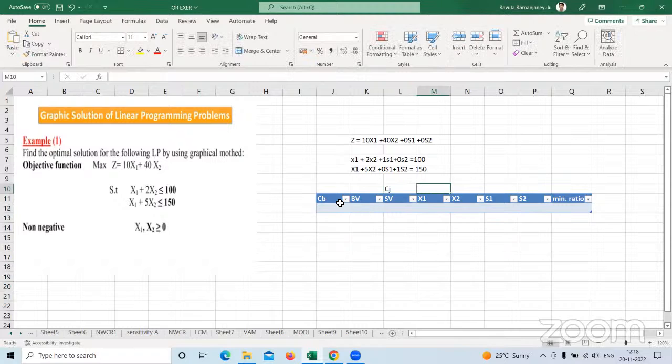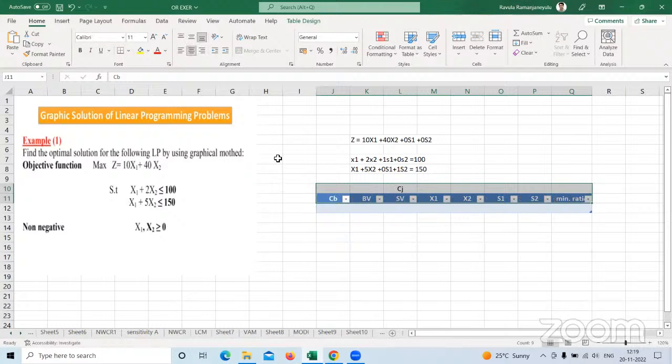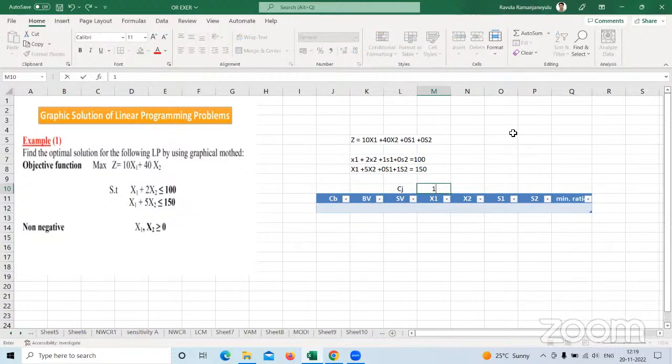So the coefficient of x1 is 10, x2 is 40, s1 is 0, and s2 is also 0.